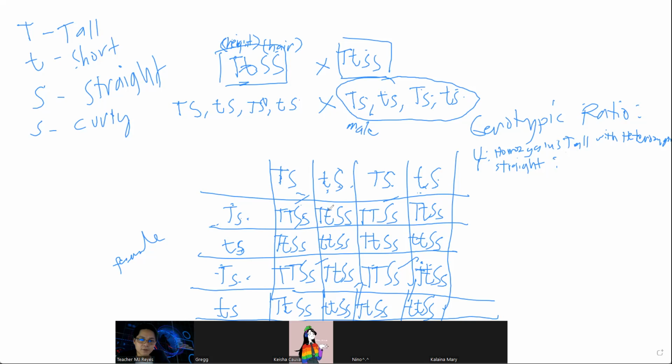Let's check on the second. We have heterozygous tall and heterozygous straight. So let's look at the heterozygous tall, 1, and heterozygous straight, 2. Okay, 3, 4, 5, 6, 7.